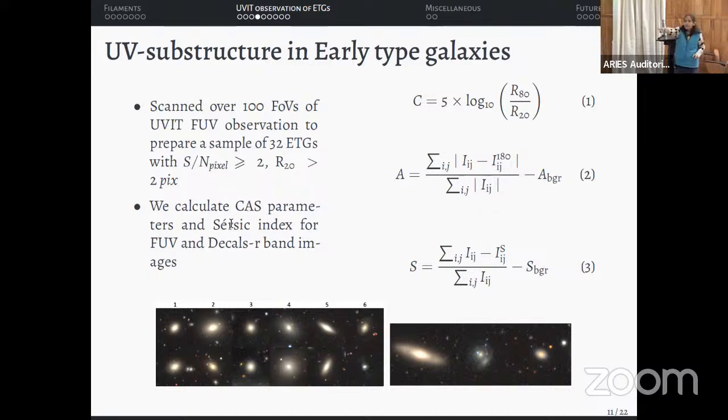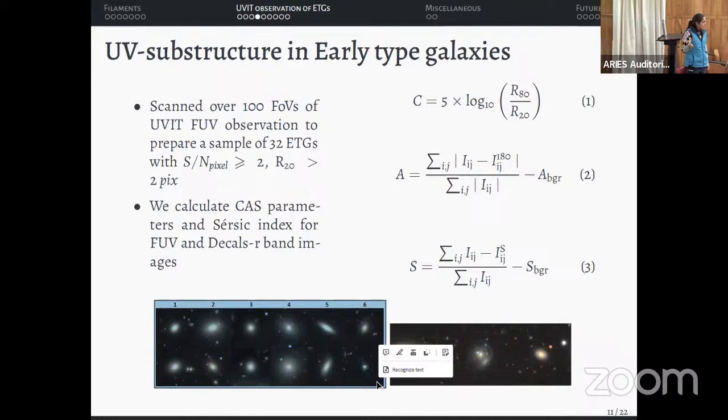I've shown some galaxies from the sample. So you calculate the total light.